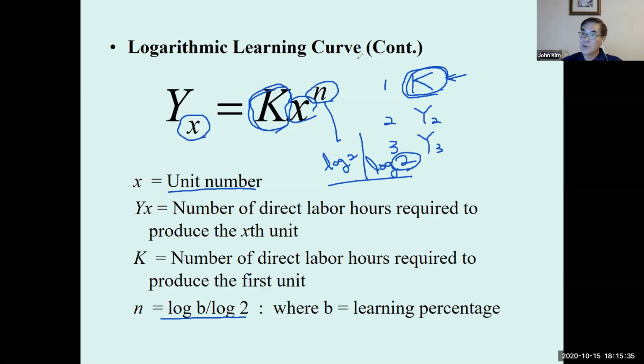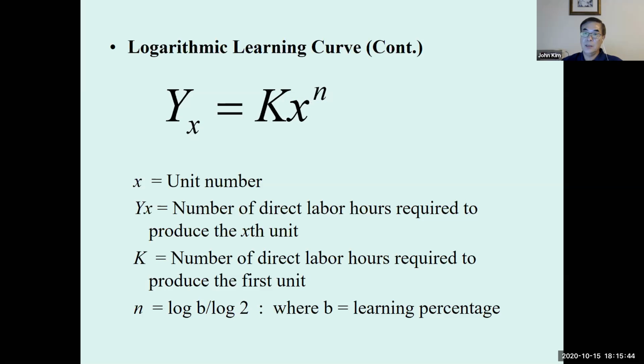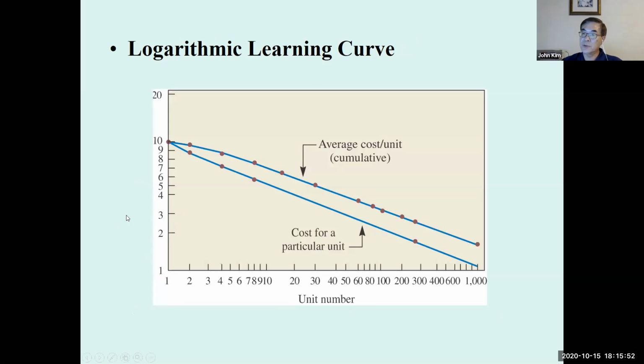So we can use this logarithmic learning curve concept, and then we can get any unit cost or unit time for any unit number. So this one is relatively straightforward.